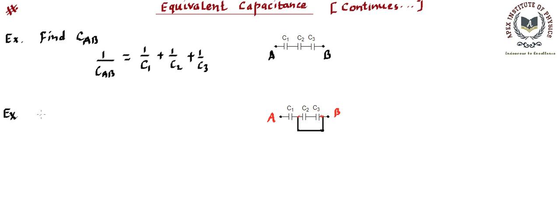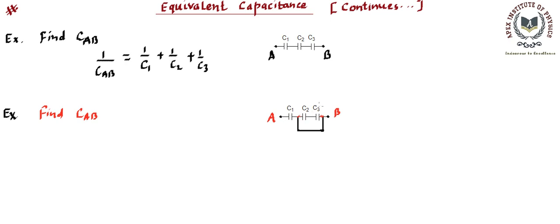And if someone asks to find the equivalent capacitance between A and B, we can find it in this case as well. We will say this circuit is the same as the circuit in which C2 and C3 are not present. If we start from A, we cross C1, then the conducting wire, and then come to point B. So when we move from A to B, we encounter only one capacitance, which is C1.